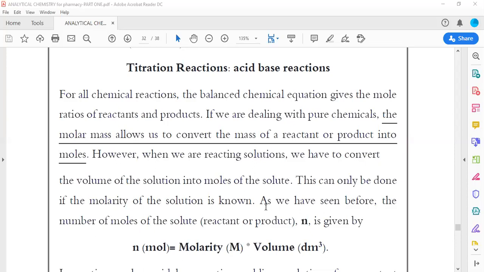If you remember, the molar mass means the mass of 1 mole of those particles. Could be molecules, ions, or atoms. So for example, the molar mass for oxygen gas is, how much can you remember? I'll give you a few seconds. It's 32. One oxygen atom is 16.